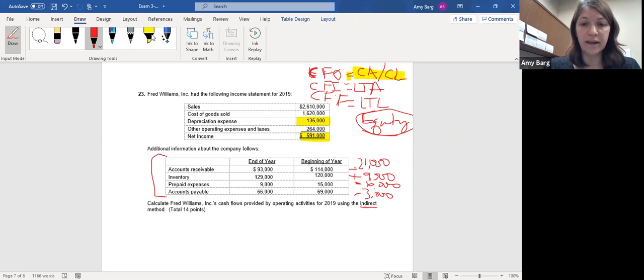And accounts payable and other current liabilities are going to have a more direct relationship. So if it decreases, we're going to subtract it. If it increases, we're going to add it. Accounts payable began the year at 69,000 and ended the year at 66,000. That means we paid $3,000 that we had owed before.